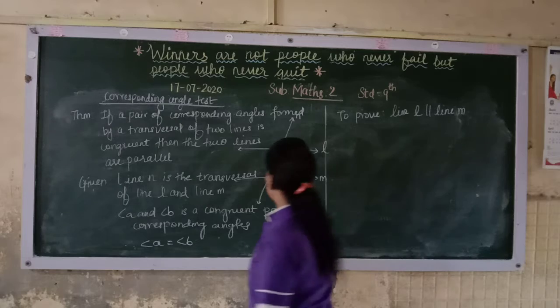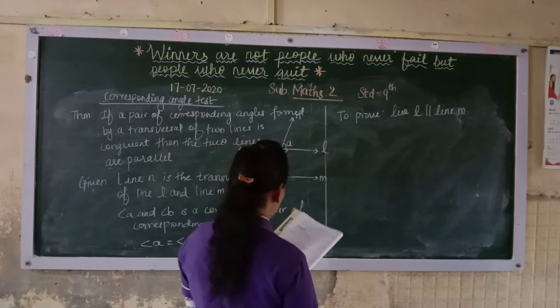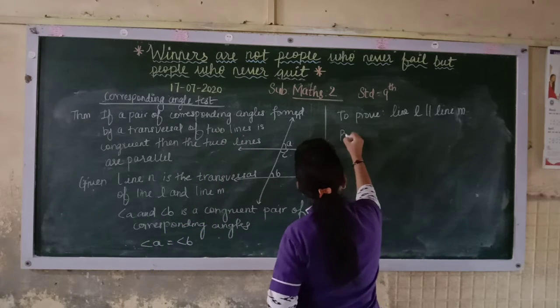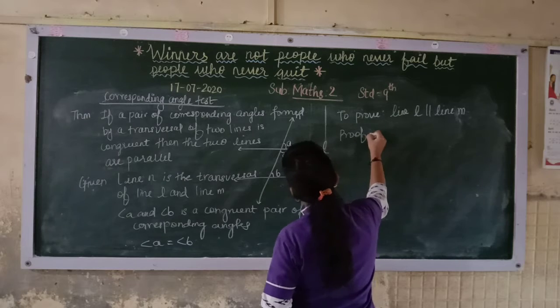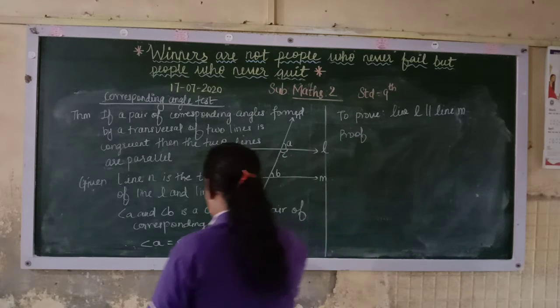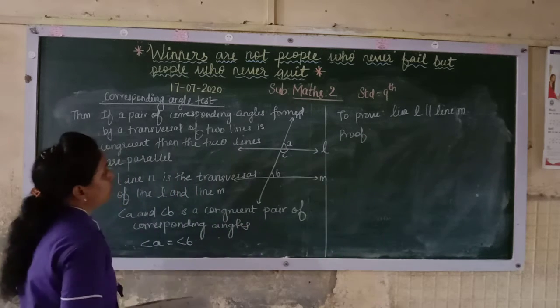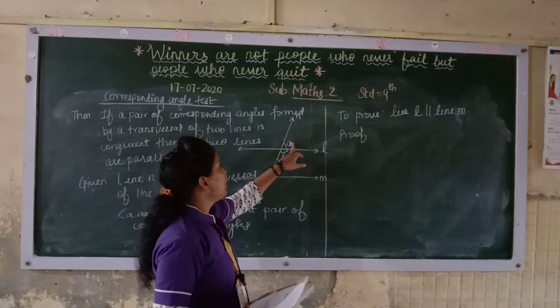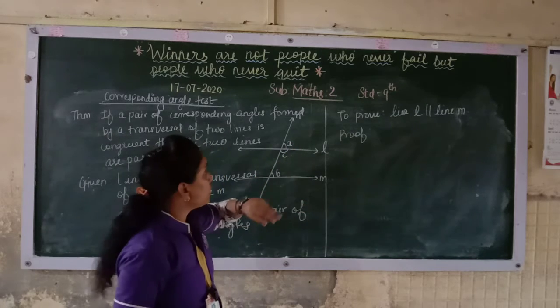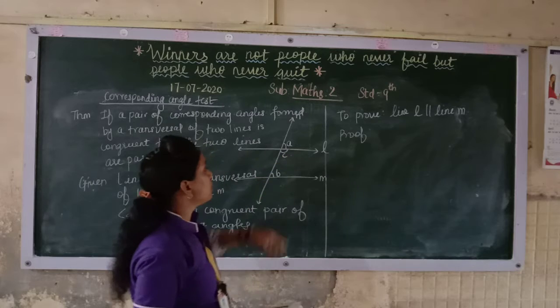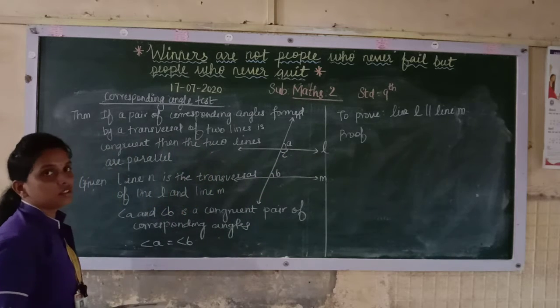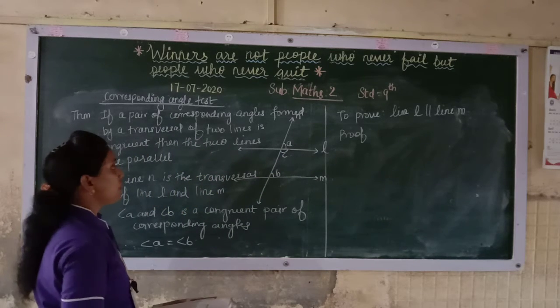Now how we will start the proof? See, angle A, it is easy. Now see, first take linear pair combination. Now angle A plus angle C is what? Angles in a linear pair.